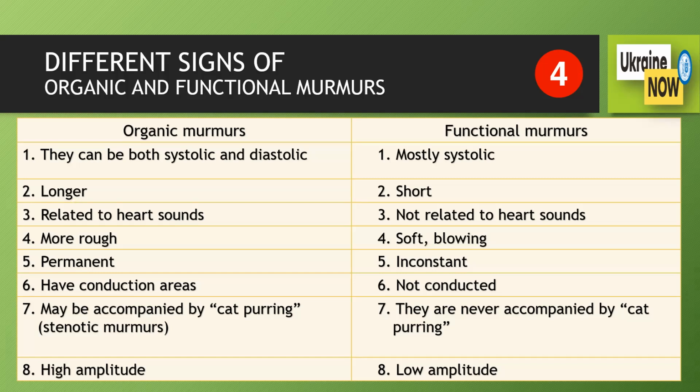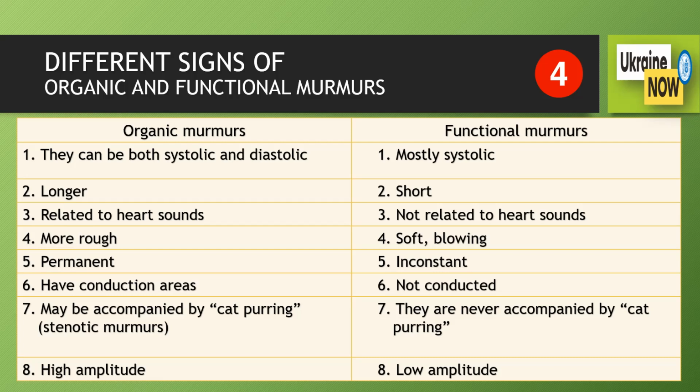The following properties of functional murmurs help differentiate them from organic murmurs. In most cases, functional murmurs are systolic. They are not permanent and may arise and disappear when the person changes posture, after exercise, and during various respiratory phases. They are mostly heard over the pulmonary trunk and less frequently over the heart apex.